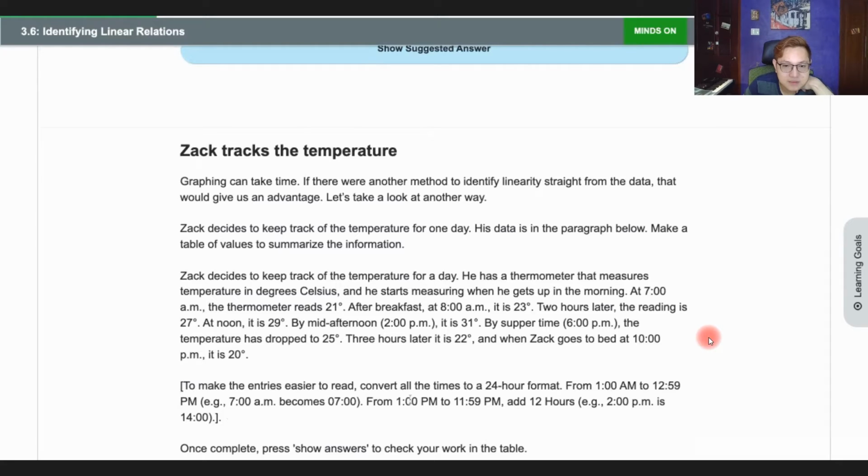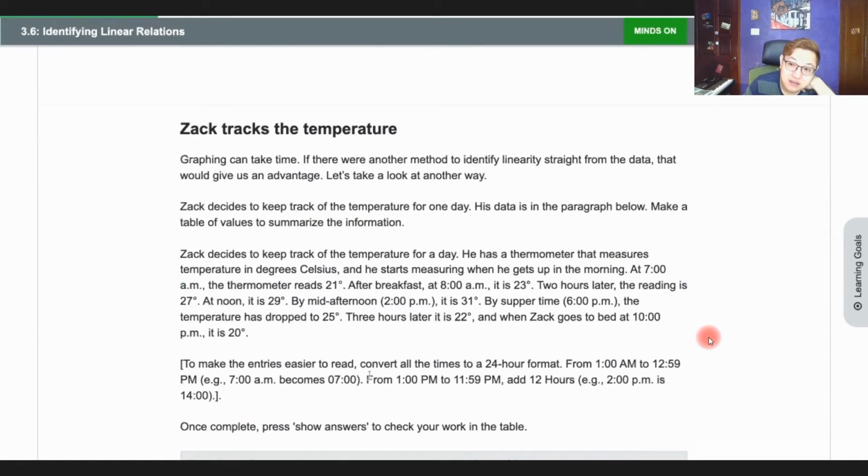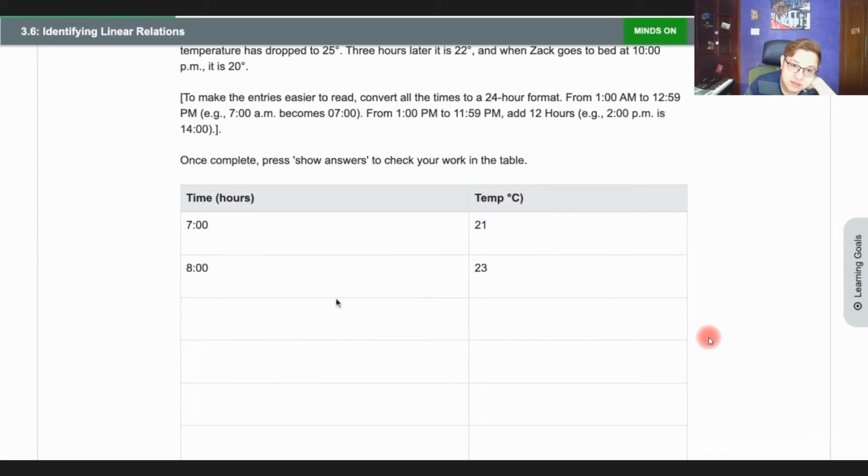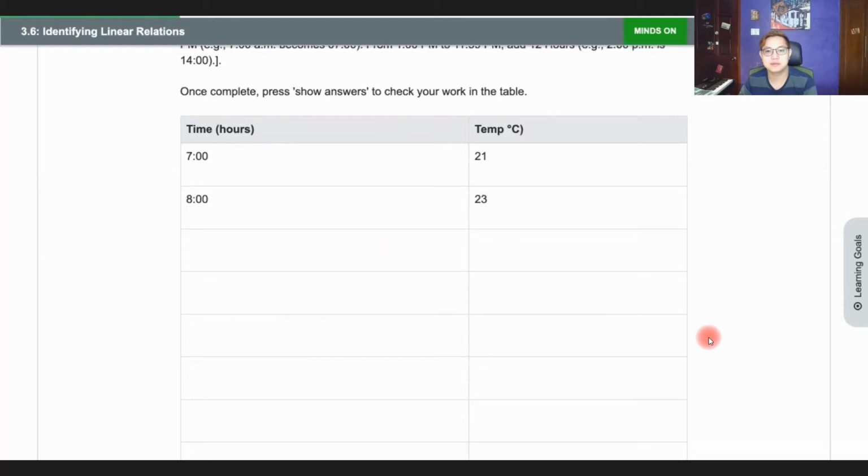From 1 p.m. to 11:59 p.m., add 12 hours, e.g., 2 p.m. is 1400. Once complete, input it into that table.